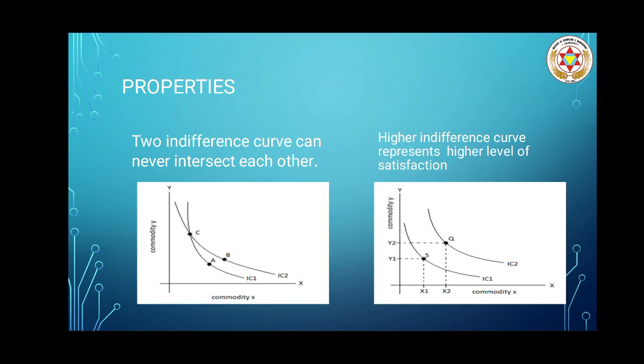And another property is that a higher indifference curve represents a higher level of satisfaction. IC2 gives a consumer more satisfaction at point Q than at point S, which is on a lower indifference curve IC1.